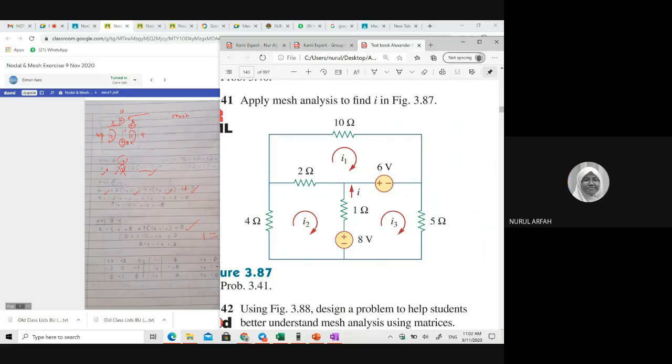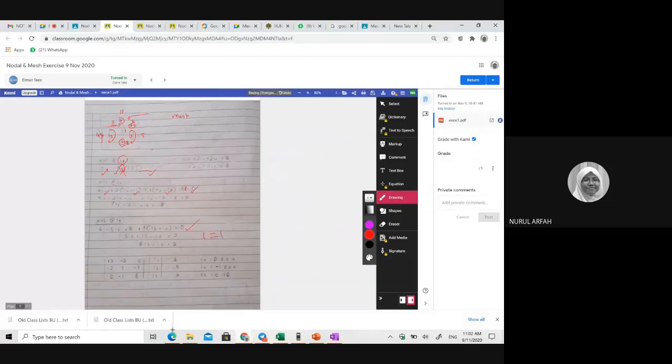So what is I equal to? I don't want the value, I just want which one minus which one. I3 minus I2. Yes, correct. So if you subtract that, you get the answer as suggested in the textbook. They put it as 1.18. Yes, that's the answer. Alright, good.